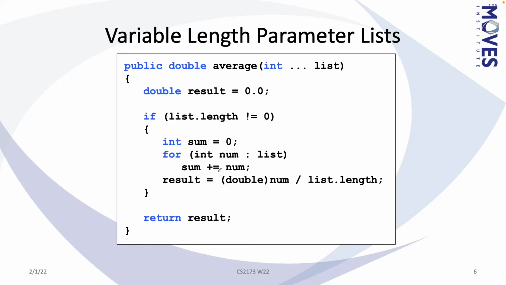We add each of them to the sum. We divide by the length of the list, because inside it literally is an array, and so we can apply anything that we can do to an array, in particular the length. Again, we have the integer divide problem, so we cast the numerator to a double. That turns the whole thing into a double.